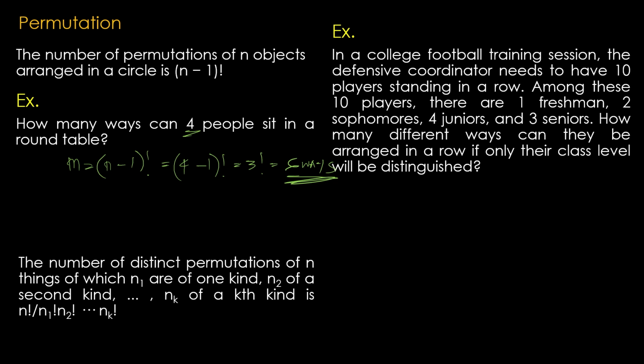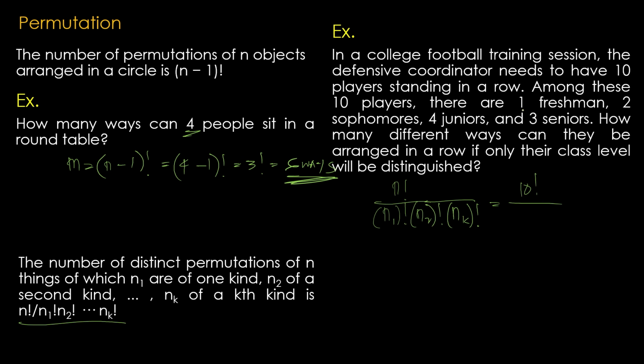Okay, we are to choose from 10 players. We have 1 freshman, 2 sophomores, 4 juniors, and 3 seniors. Using this formula, we just write the total number of players, so that would be 10. If this is n factorial over n1 factorial times n2 factorial up to nk factorial, the total number of players is 10, that would be 10 factorial.